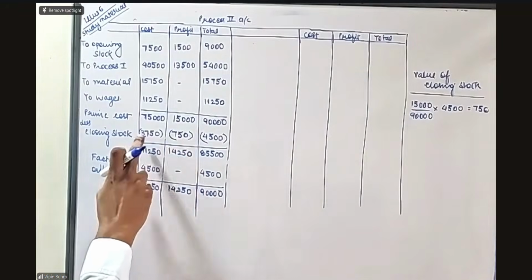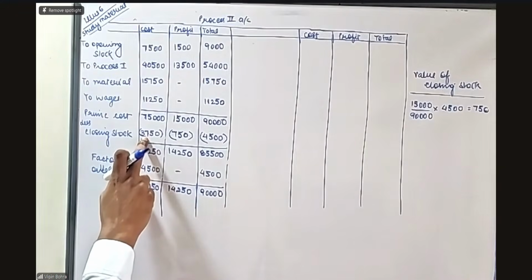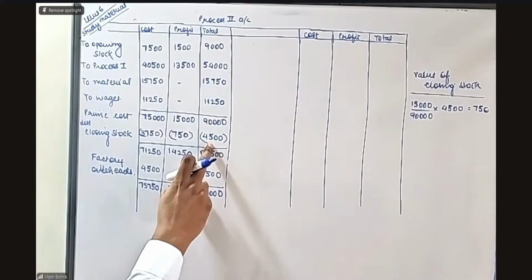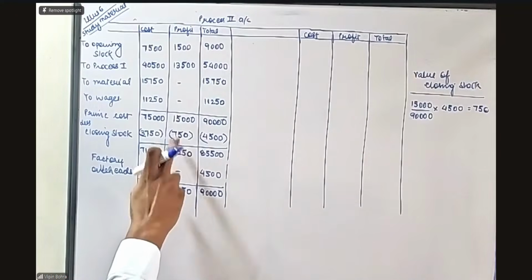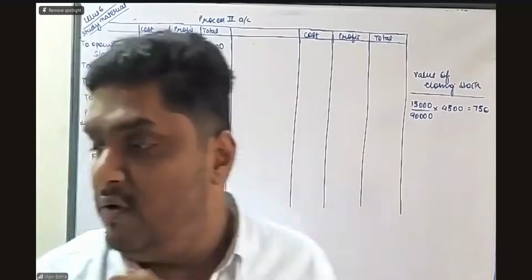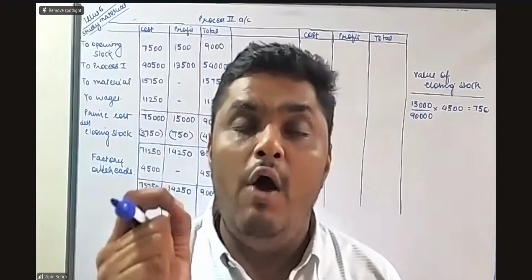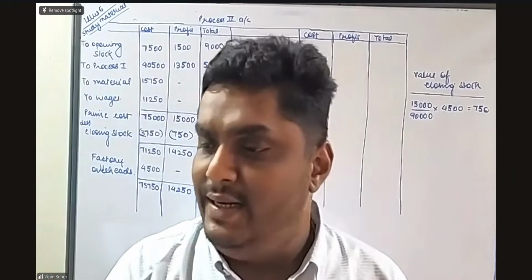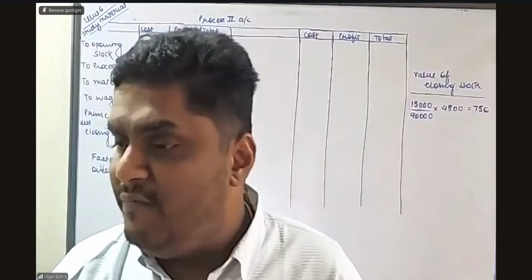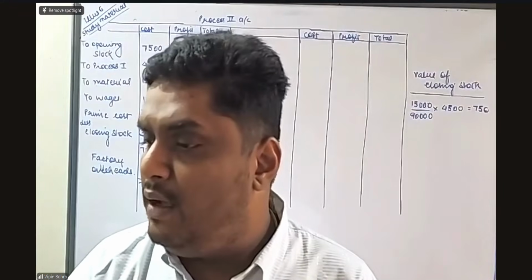4,500 minus 750, you will get 3,750. Minu, 4,500 is the closing stock. We have removed the profit element. So my cost will be 3,750. Now, the question from my end is, how much is the cost to the company till date? Waiting for your answers. I want answer from everyone. Geeta, Medha, Deepika, everyone.